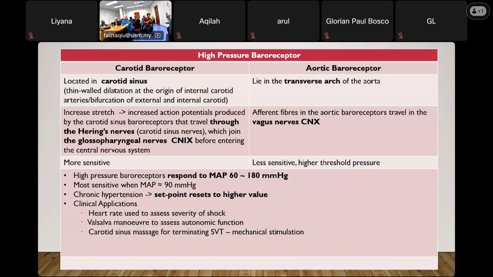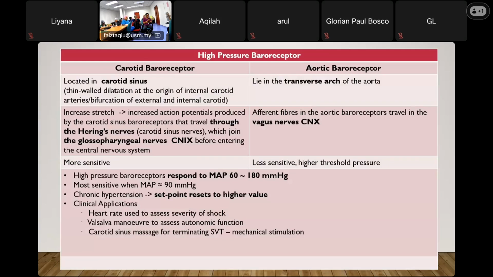So in the figure, you have the trigger, the sensor, and the afferent, which is the nerve. Then the controller, the integrating center, located in the medulla. Now what is the effect? The output of the controller will go to how many organs?